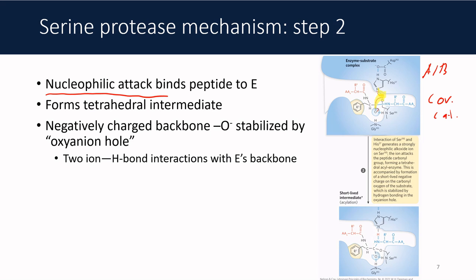So the bond that has to break to allow for this serine to come in is going to be the pi system and the oxo moiety of the amide bond. You see that over here. The electrons in the pi bond are going to hop up onto the oxygen as a lone pair negative charge. We call this the oxyanion.